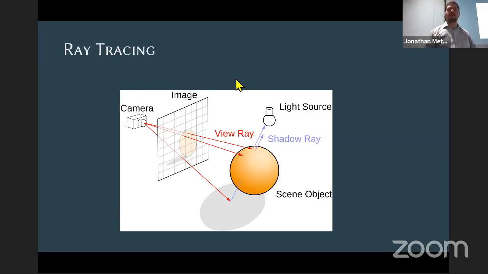Forwards ray tracing, in contrast, is where you shoot rays from the light source and then you figure out where they're going to go. I have an image later on that illustrates what happens when you do that. And then we talked about path tracing, bidirectional path tracing, where you could shoot rays technically from both places, from light sources and from cameras, and then just connect them.